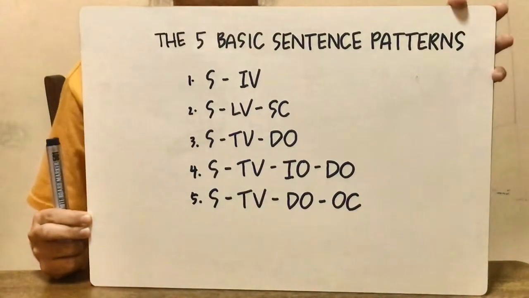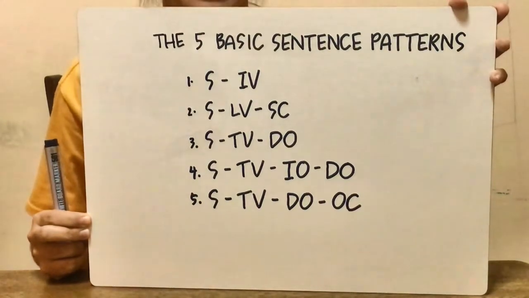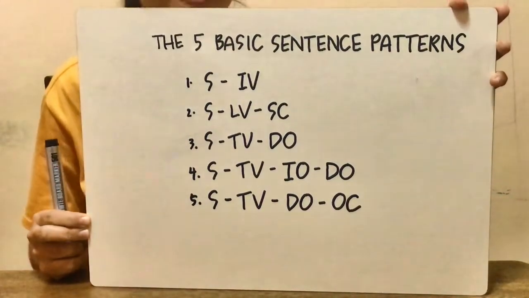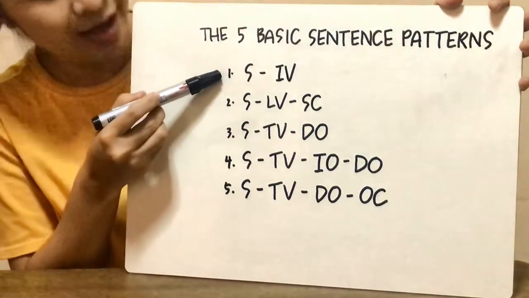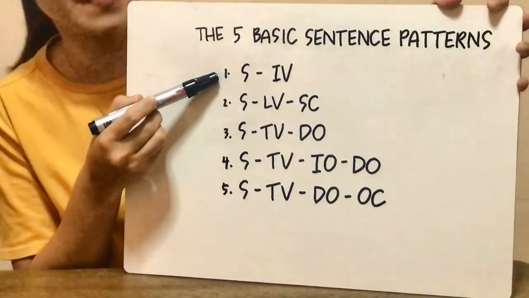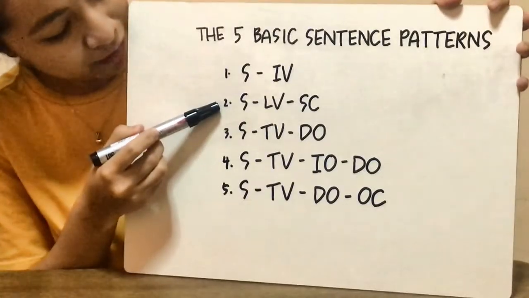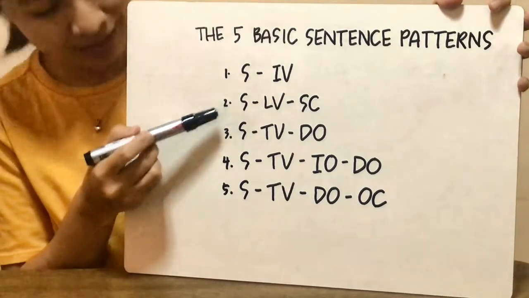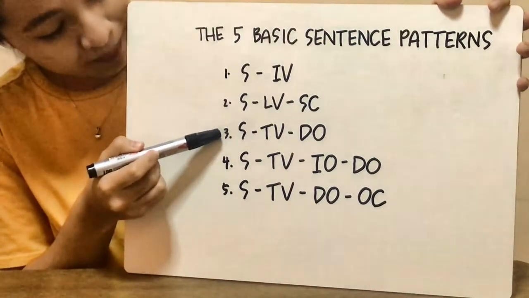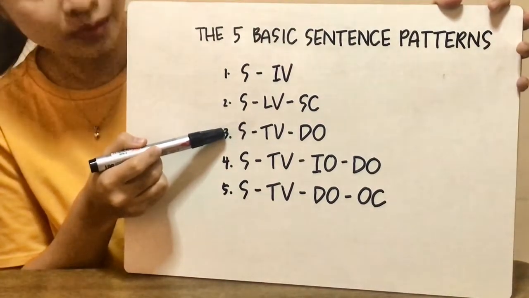There are 5 basic sentence patterns in English. The first one, we have S+IV. The second one, we have S+LV+SC. The third one, S+TV+DO.